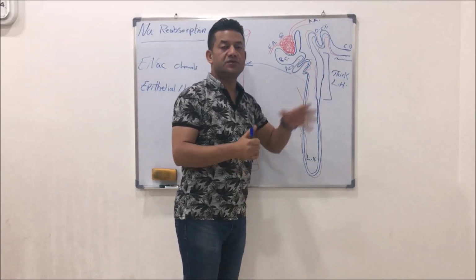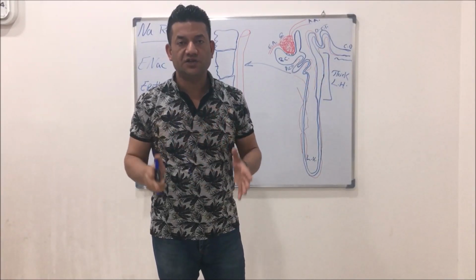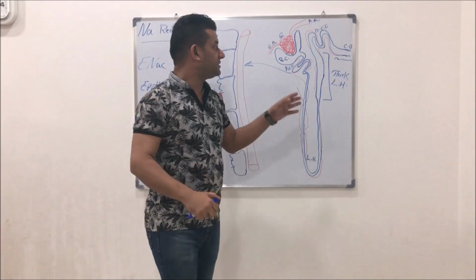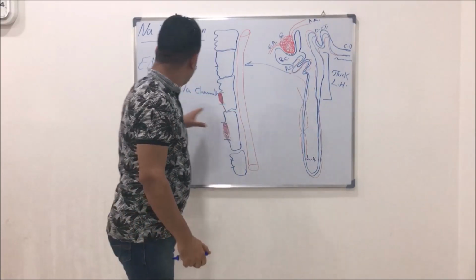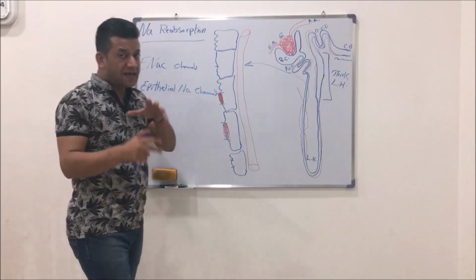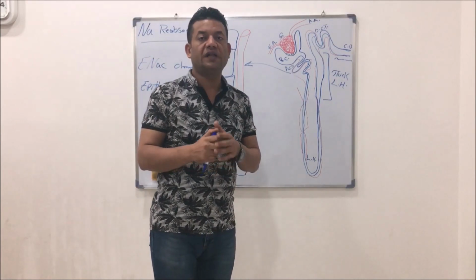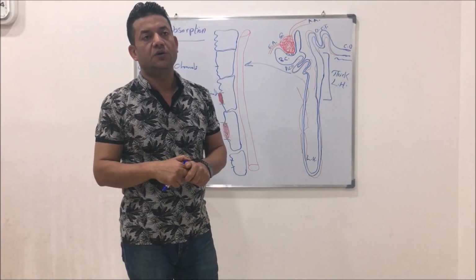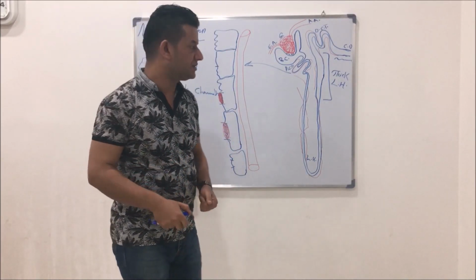Through the epithelial sodium channels, or ENaC channels, sodium is reabsorbed, and these channels are under the control of the aldosterone hormone. We will speak about this later in this lecture.